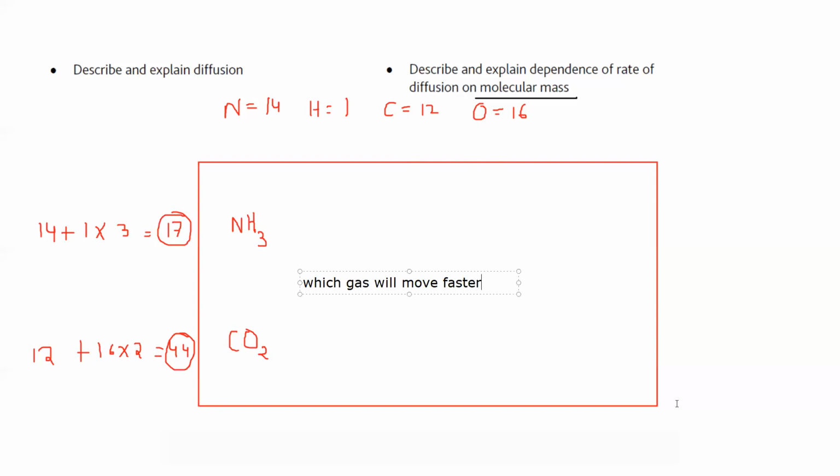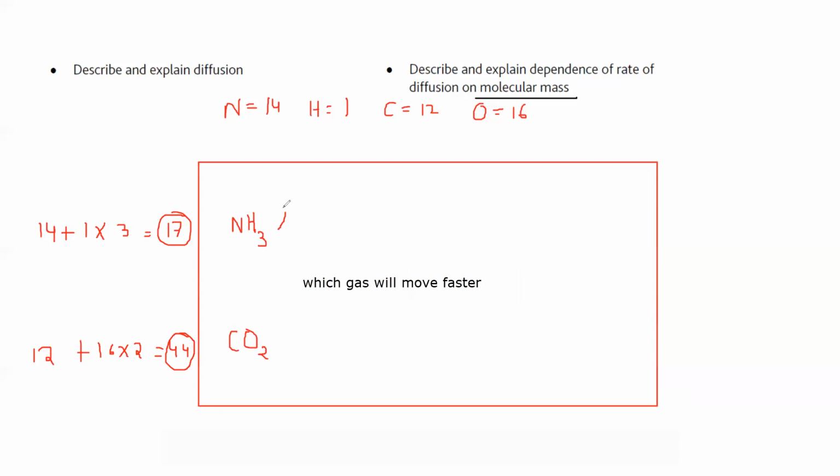So which gas here will move faster, NH3 or CO2? When you find the molecular mass of NH3, it is 17, and for carbon dioxide it is 44.